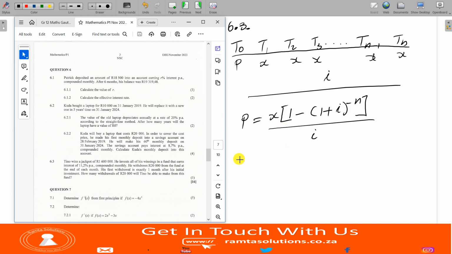So what is this money that Tino deposited? He invested 1,600,000. And how much is he withdrawing per month? 20,000 rands. And the interest that the bank offers is 11.2%, which is 0.112 over 12, to the power n. We don't know how many years the investment is for.